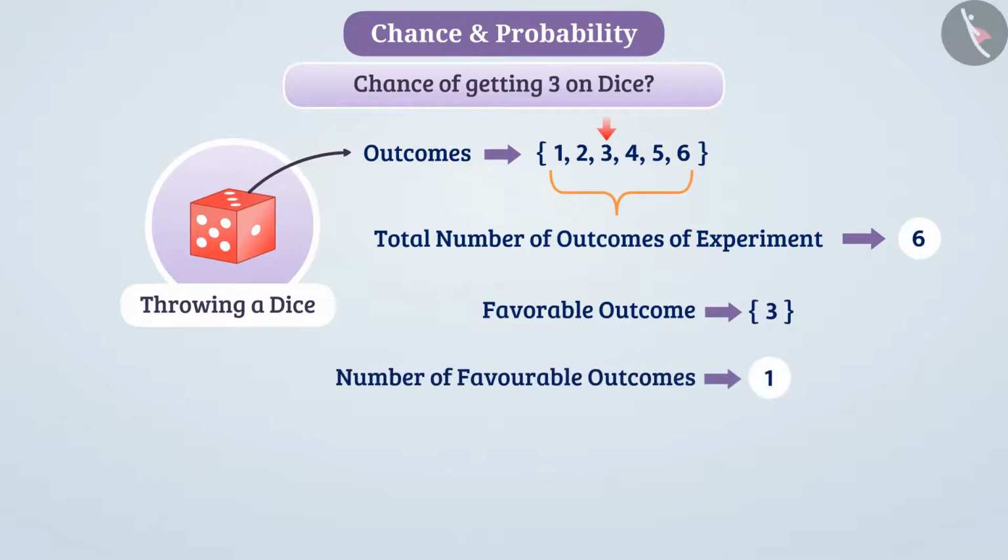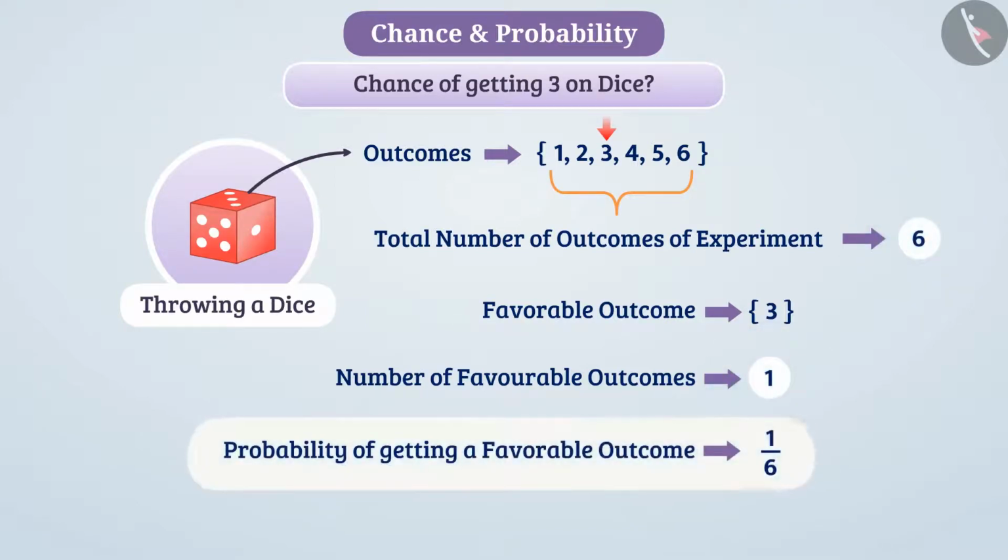In this way, we can say that the number of favorable outcomes is 1 out of all 6 outcomes. This is why we say that the probability of getting a favorable outcome is 1 out of 6, that is 1 by 6. To know the probability better, let's understand some of the terms used in its context.